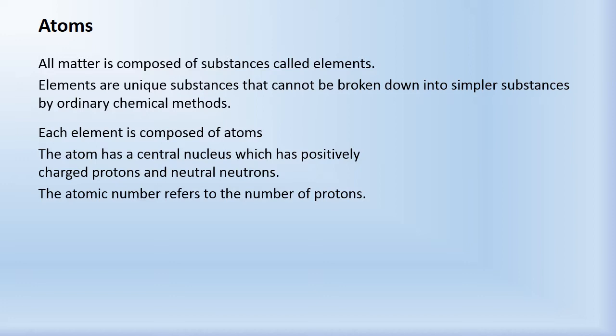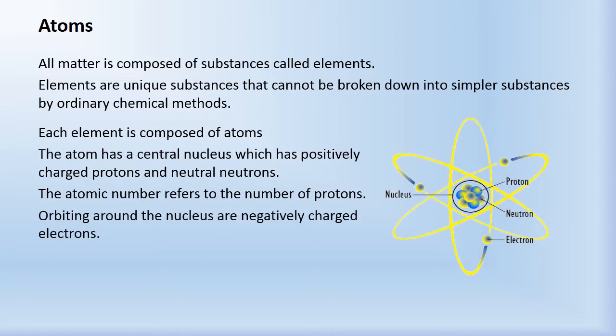Hydrogen only has 1 proton, so its atomic number is 1. Carbon's atomic number is 6, therefore it has 6 protons. Orbiting around the nucleus, there are the negatively charged electrons.